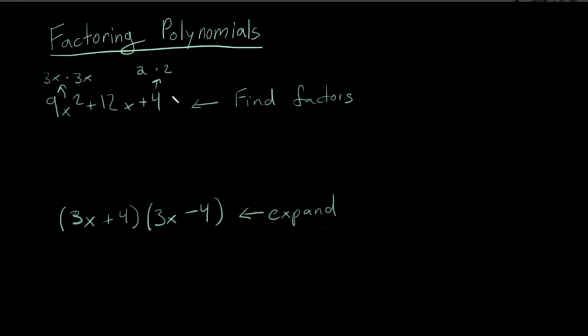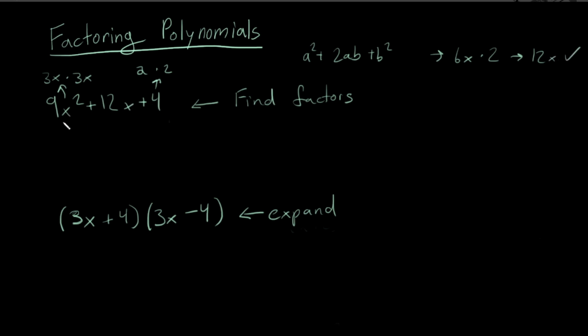Now, since they're both perfect squares, I just need to see if the middle term satisfies the idea of 2ab, a squared plus 2ab plus b squared. Now, 3x times 2 turns into 6x, such that if we times it by 2 because of 2ab, we get 12x. So in fact, it does satisfy this requirement.